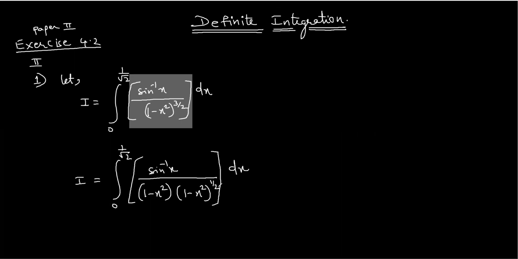In the next step, you all know, this is raised to half, and something raised to half is actually a square root. So in the next step, I will write this as square root of 1 minus x squared. Now I go for a substitution.